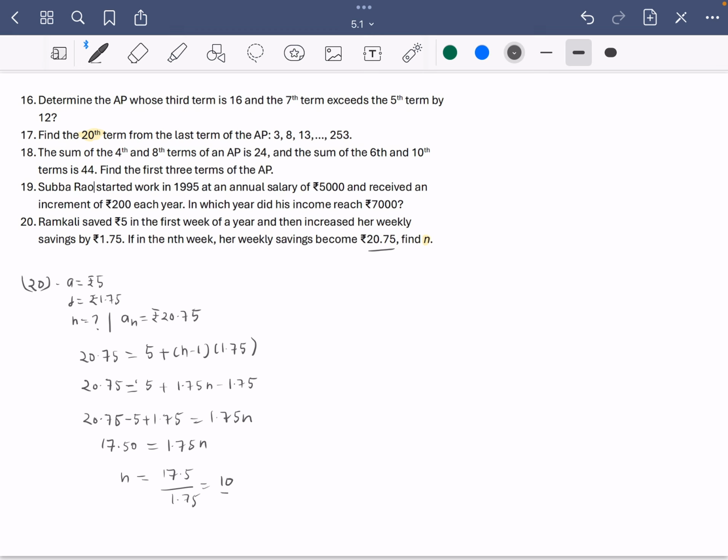So n is 10. So by the 10th week, her savings will become 20.75 rupees.